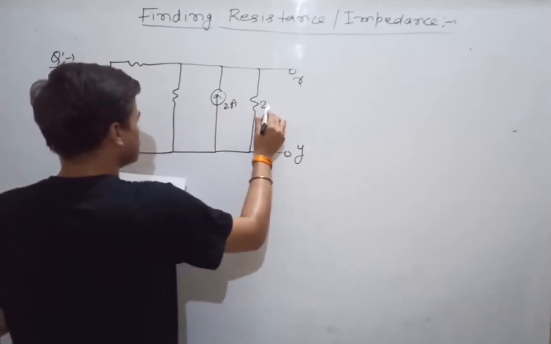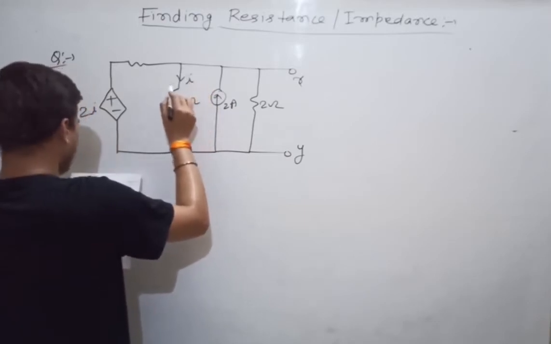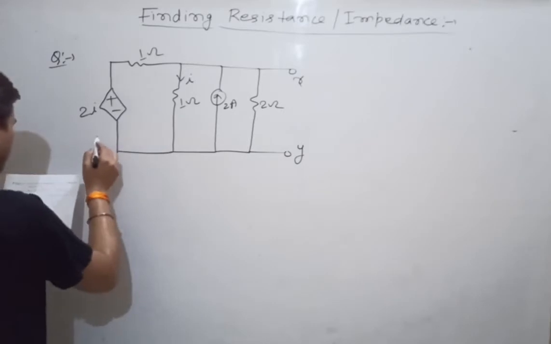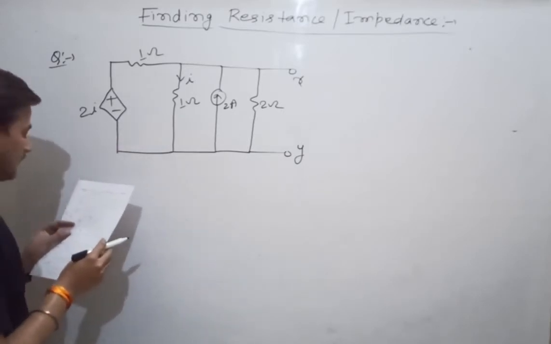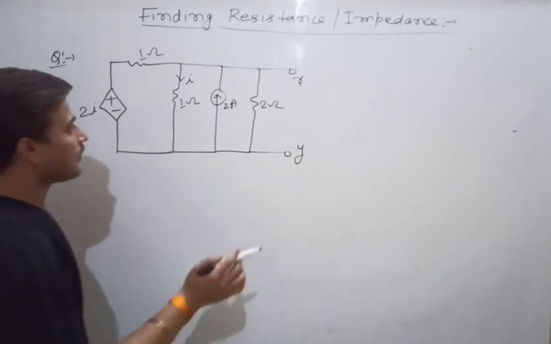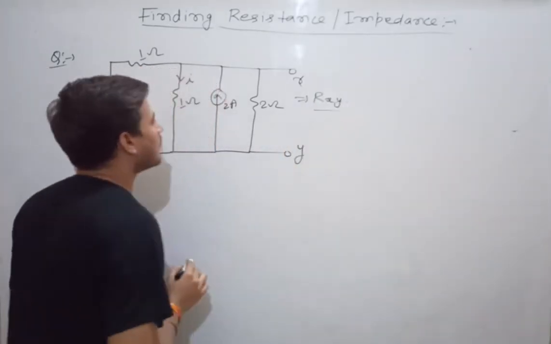This is 2 ohm. This is 1 ohm. The current entering is I. Here it is 1 ohm. Here it is 1 ohm. Here it is 2I. You have to find RXY.